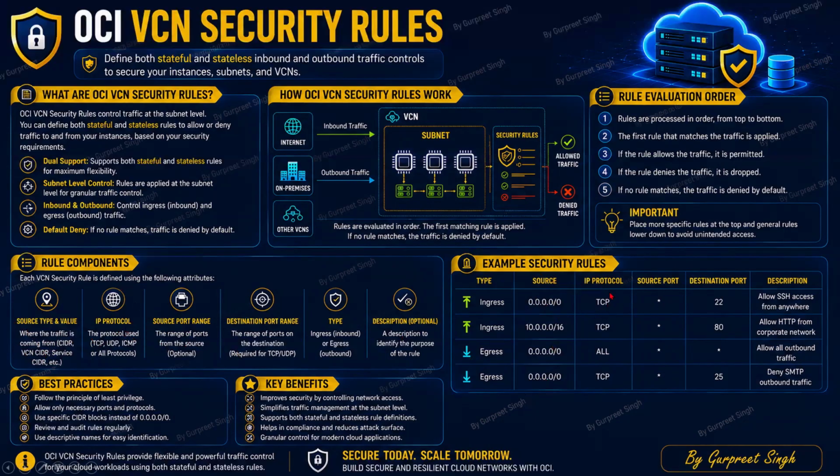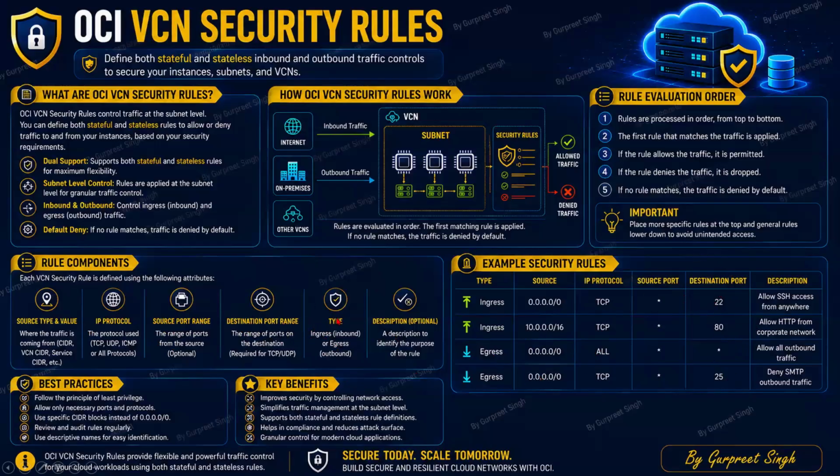Normally we use TCP and others like UDP, ICMP, and if you want, you can allow all the protocols. We also give the source port range, and that's optional. If you want, you can allow all the ports from the source by marking it with a star. We also designate the destination port range, which you can define here.